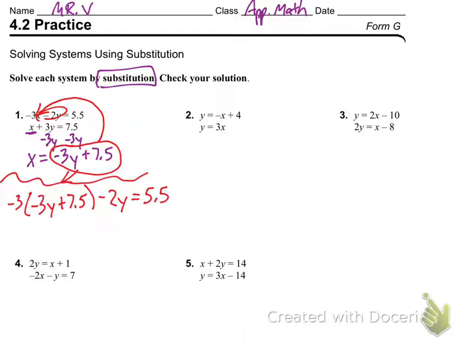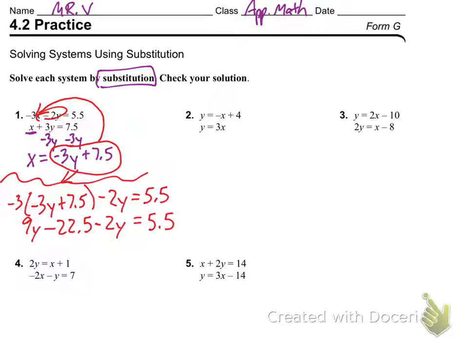After I do that, I have to distribute, so that's going to be 9y, and then this is going to be 22.5, I believe. Yep, so that would be minus 22.5. Then I'm going to keep the minus 2y is equal to 5.5.